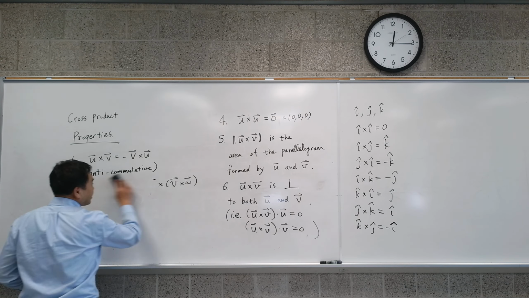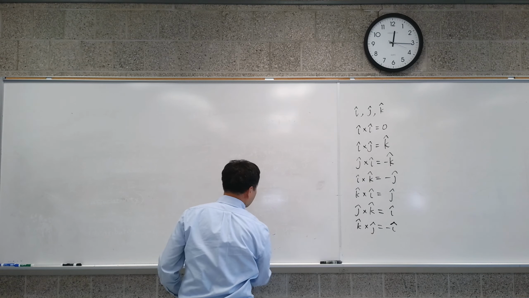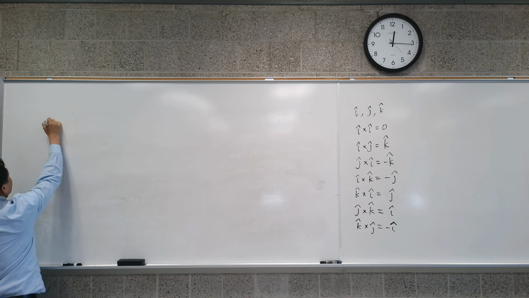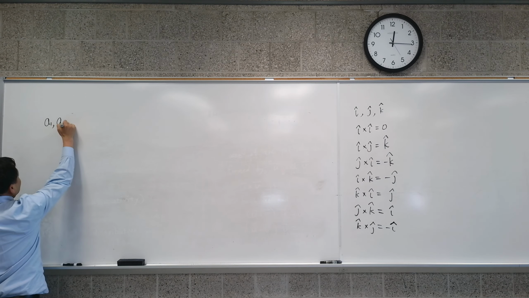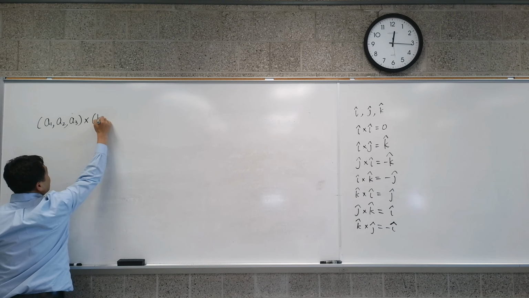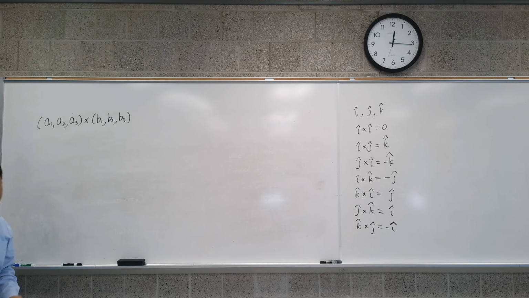And as I said, we're trying to come up with the formula, right? So in order to get a formula, we're going to assume that you have two vectors, A1, A2, A3 as the first vector, and B1, B2, B3 as the second vector. Okay? Now let's see how we can make use of everything that we found.